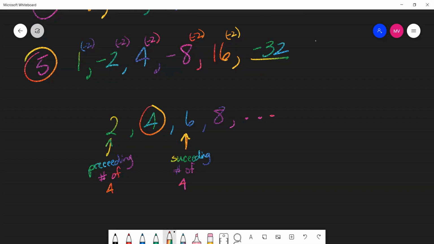So this means that in your sequence, where the difference between these numbers includes a multiplier of some kind, which the one I've made here does not, but we can pretend it does, like we saw in our first examples, if you're multiplying by a common multiplier, then you have a geometric sequence. Whereas when we had our arithmetic sequence, we were just adding.